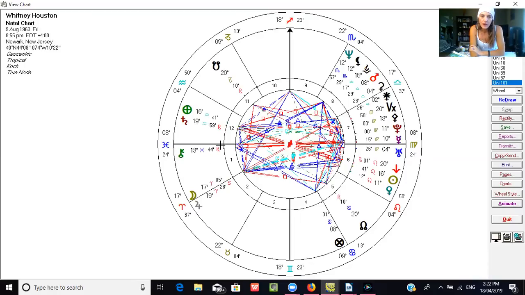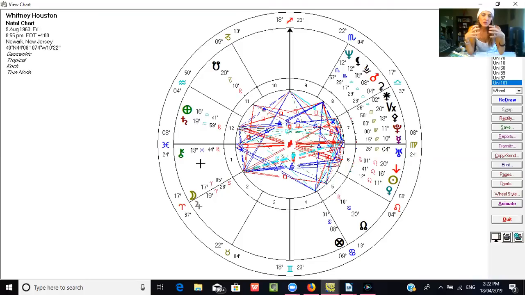So the Pisces element to me really speaks to the fact that Whitney was very, very torn through religion and her own sense of wanting to be herself. That's the Pisces dilemma.